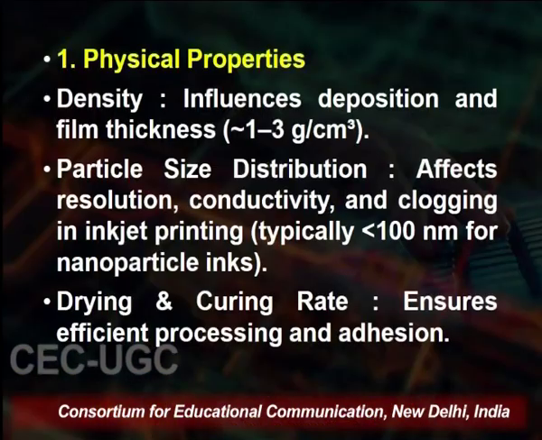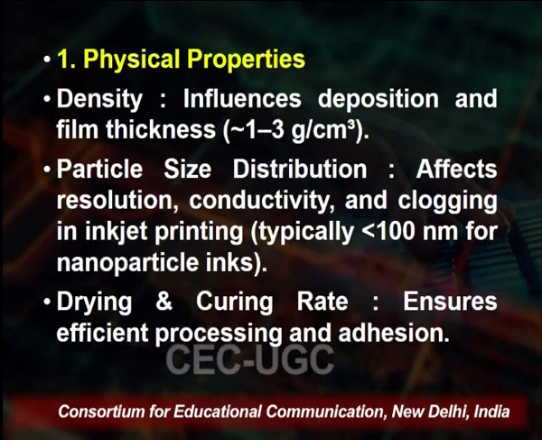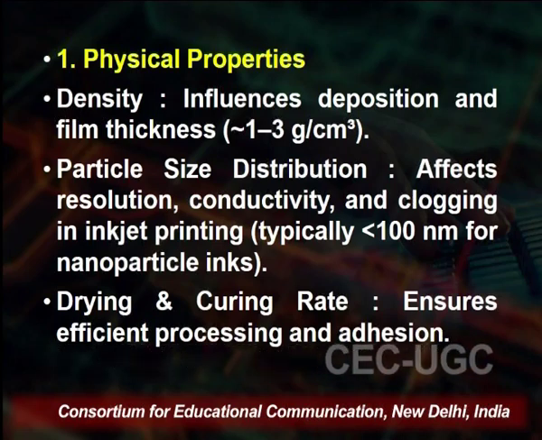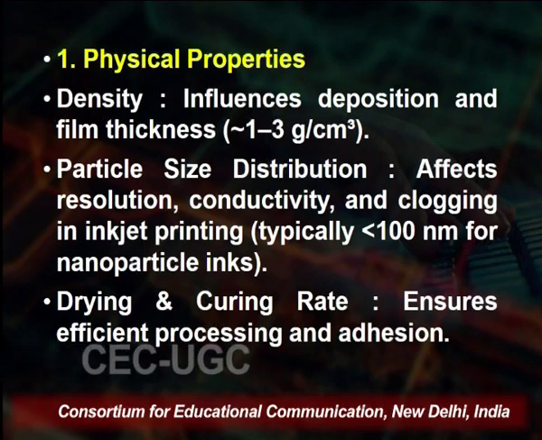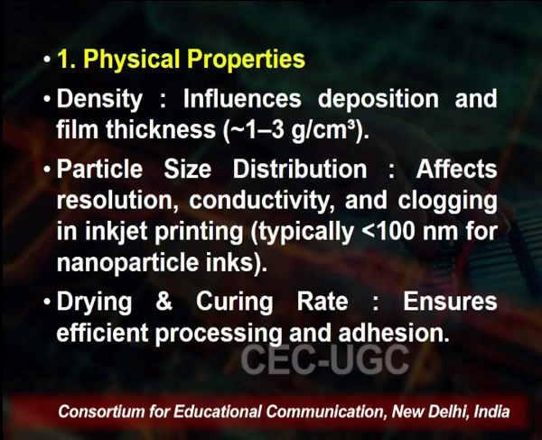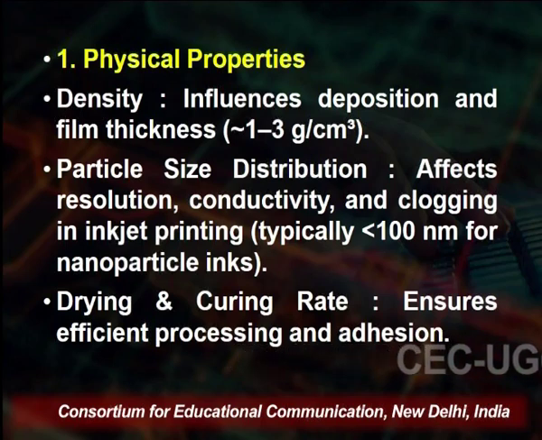The ideal range must be 25 to 50 millinewton per meter. Another important physical property is the density, which influences the deposition and the film thickness, and that must be in the range of 1 to 3 gram per centimeter cube. So, these are the physical properties.